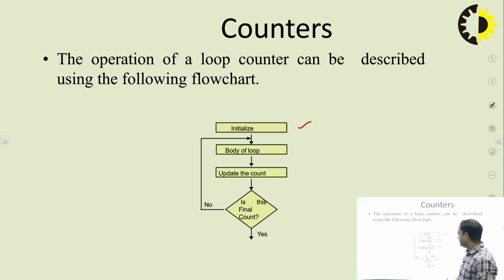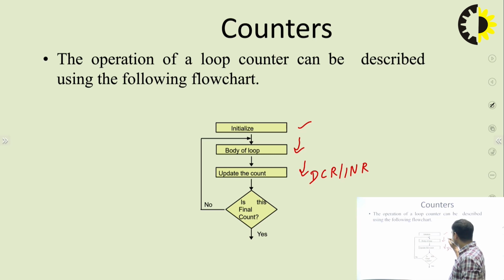After initializing the count value in the particular register, we come into the body of the loop, where we start giving the functions. Then we update the count, which means we simply use DCR or INR, when we are using a single register.